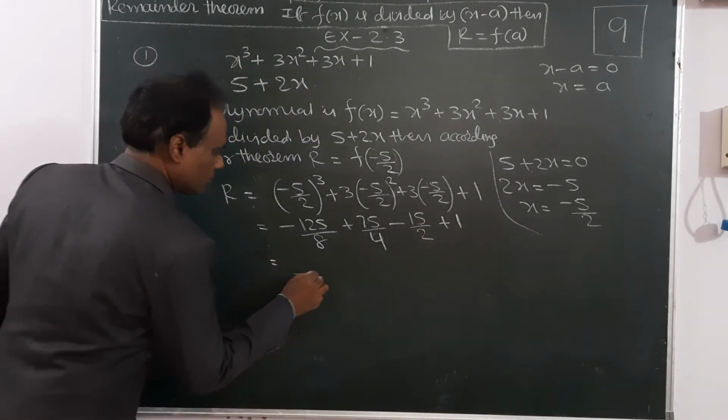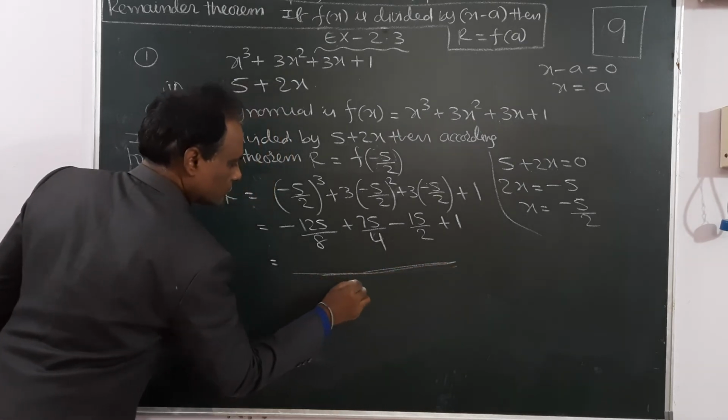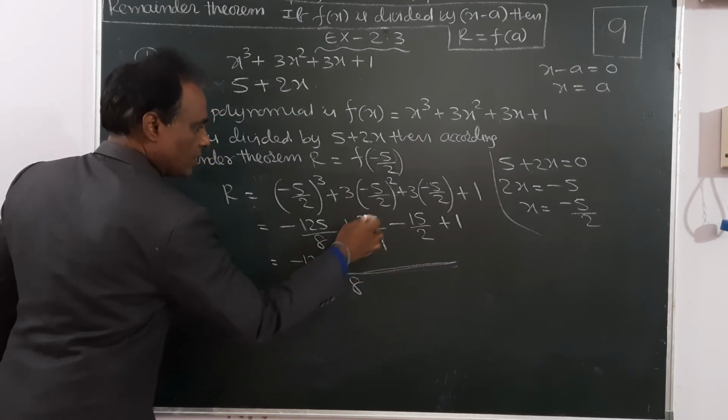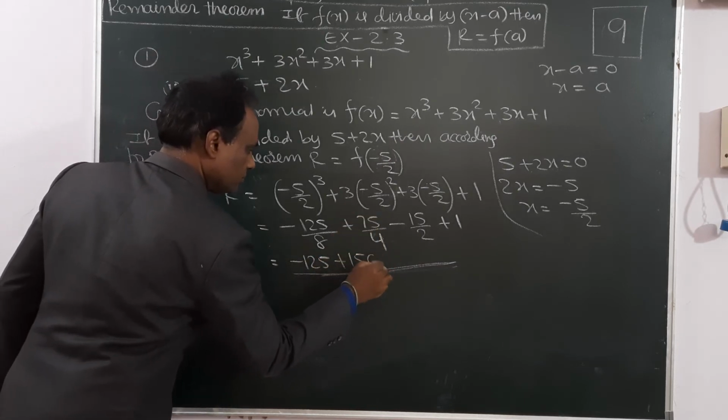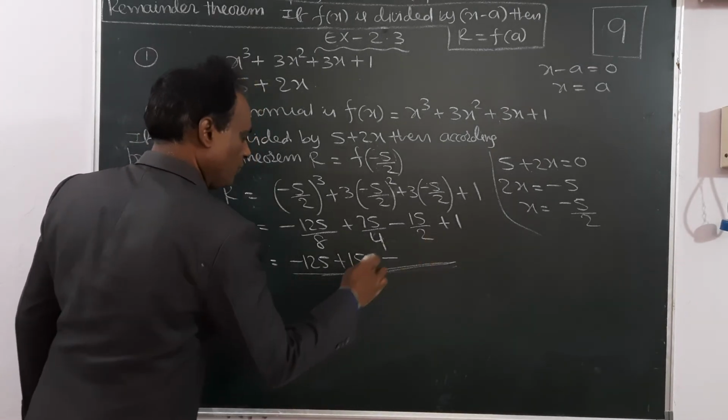Simplify. You know how to simplify this. For 2 times 150. 2 4 times.